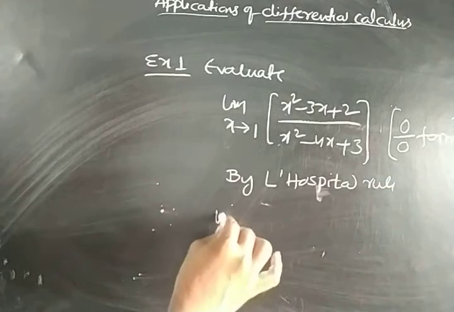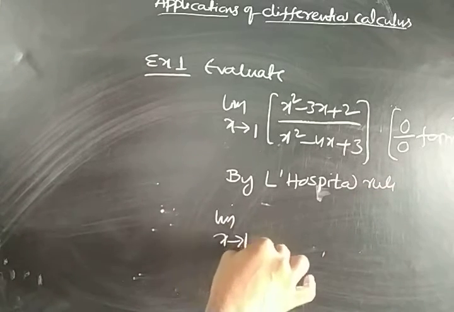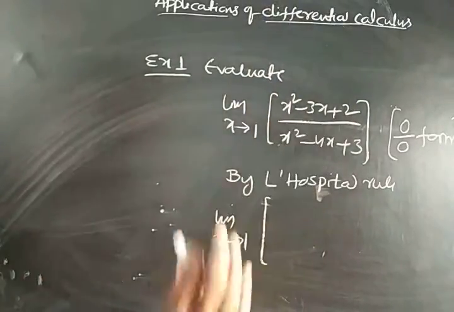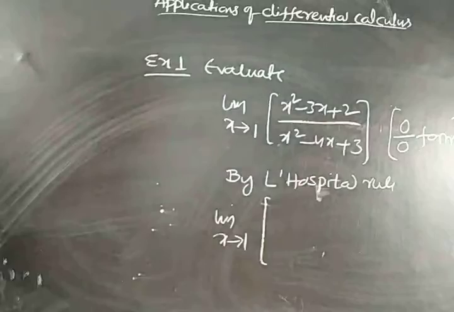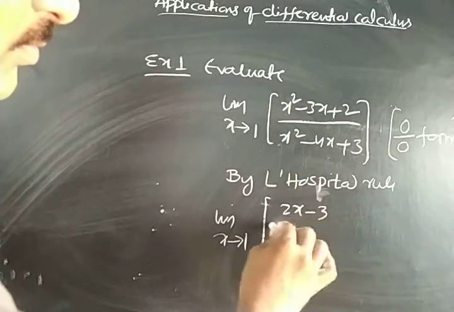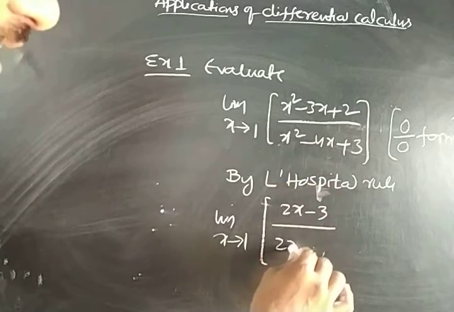By L'Hospital rule, limit x tends to 1. What is L'Hospital rule? Differentiate numerator separately, denominator separately. Don't use the u by v formula. Differentiating the numerator, you will get 2x minus 3. Denominator derivative 2x minus 4.